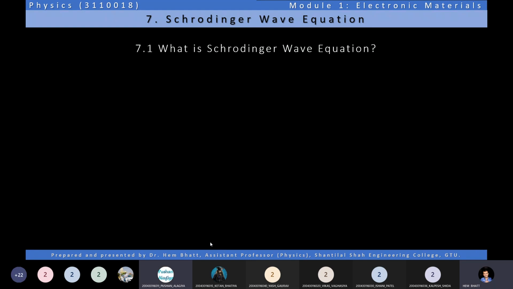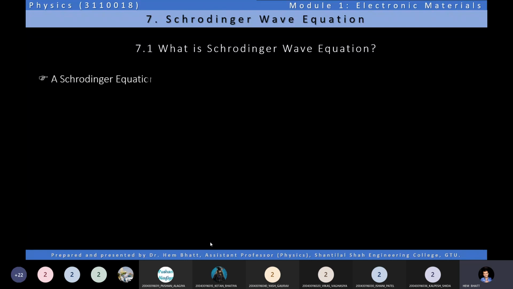It is a time independent equation by which we can identify the position and momentum of a material particle, an electron. In simple language, Schrodinger equation is the equation of a wave. It is a wave equation, but a wave equation for a particle. If you take the wave form of a particle and write it as an equation, that is the Schrodinger wave equation.